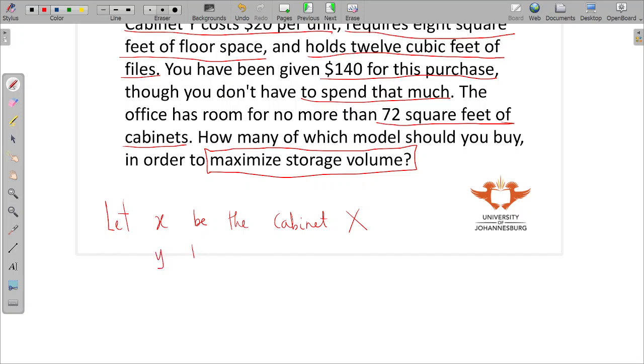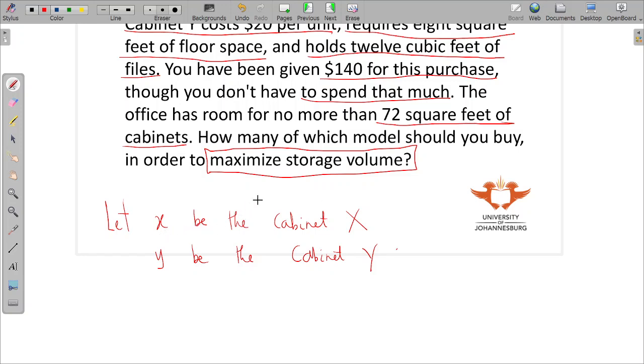Let Y be the cabinet Y. Or we can say it properly: let X be the number of model in cabinet X, because we are looking for which model we should buy.